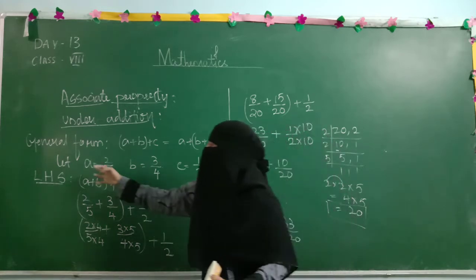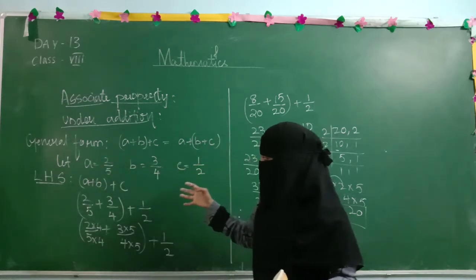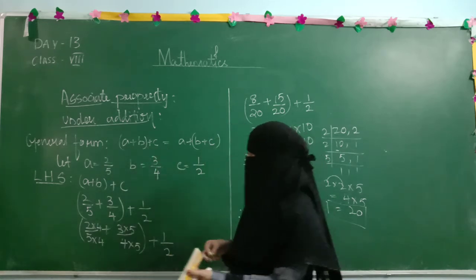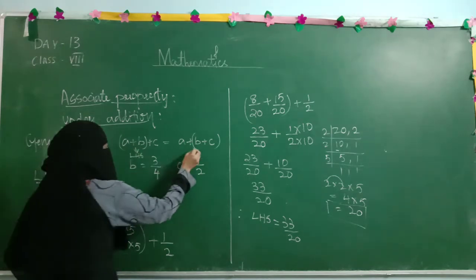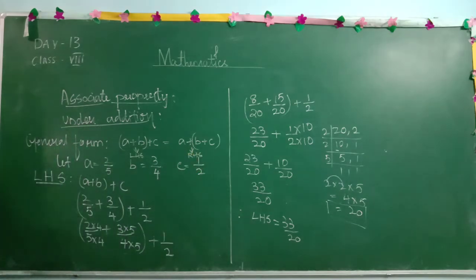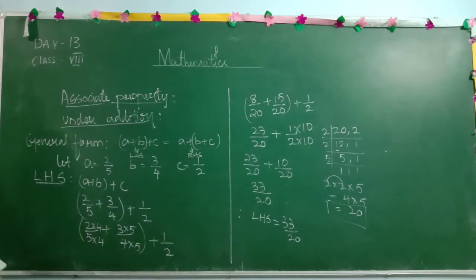I have taken my own rational numbers here, A, B, C. As you are seeing here, there are two different parts: this is LHS, and this one is RHS. Here we have to just check whether the LHS and RHS are equal or not. The first part we have done: we solved LHS and got the answer 33 by 20. Now we are going to check the RHS. Fine.